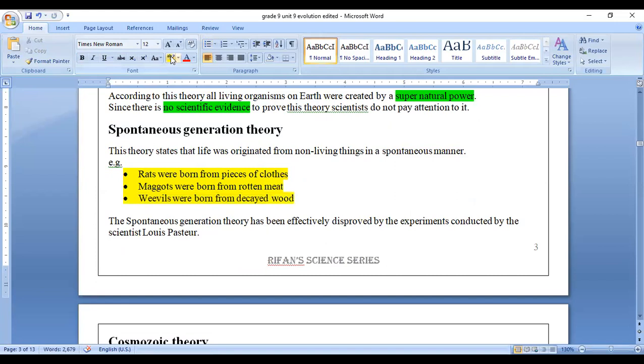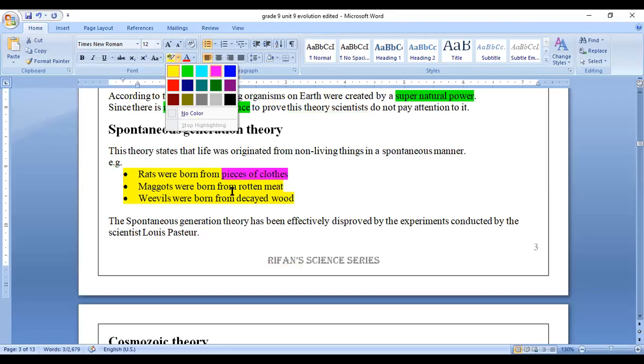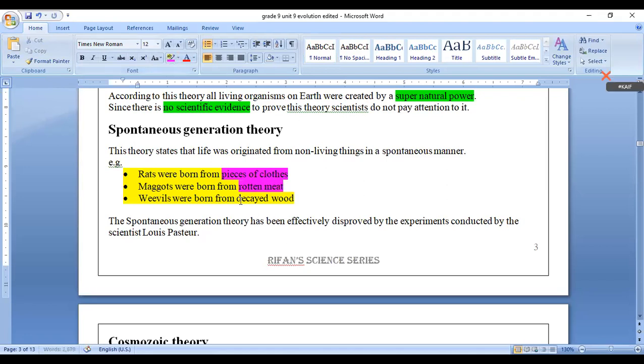This is actually 100% wrong. A piece of cloth is a non-living material. Rotten meat is a non-living material. Decaying wood is a non-living material. From non-living things, living things will not come. Living things will come only from a living thing.